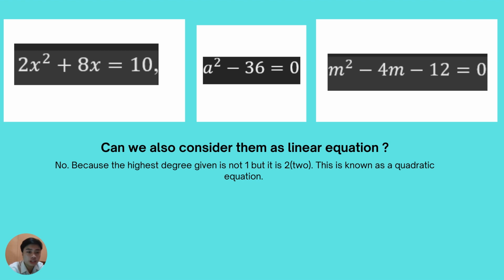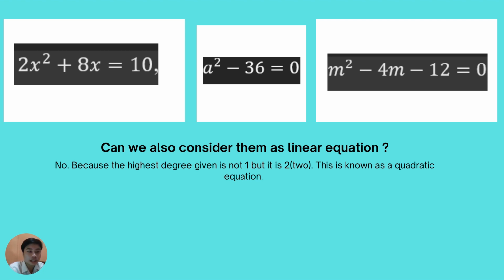Can we consider them as linear equations? No, because the highest degree given is not 1, but it is 2. This is known as a quadratic equation.